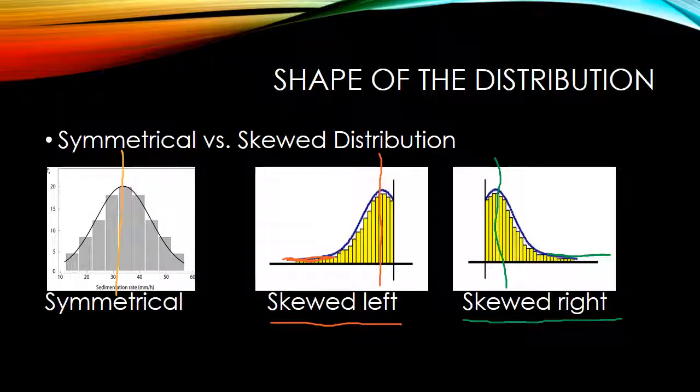And as you can see, the left and the right side of the mean and the median are not symmetrical. They're not similar at all. That's why this distribution is skewed, and it's skewed to the right because the tail of the distribution is to the right side of the graph.